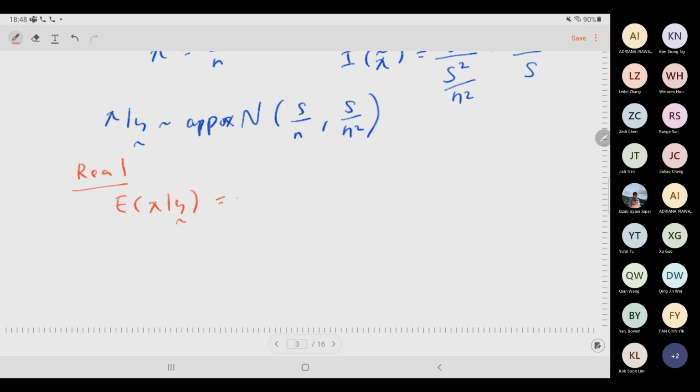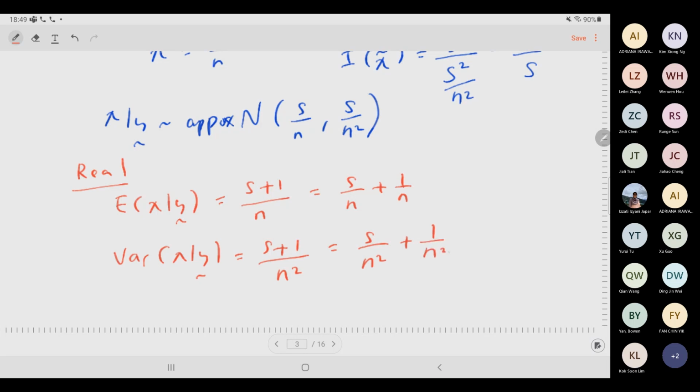Because it's a gamma, you get alpha over beta, which is S plus 1 over n. And the variance of your posterior is alpha over beta squared, so you have this.